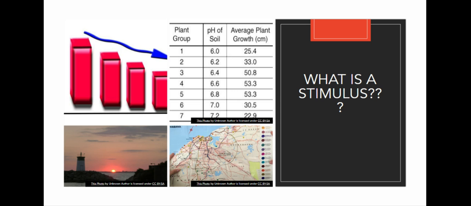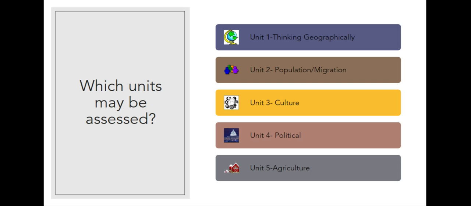So when we say two stimuli, that means that maybe it'll be two maps, maybe it'll be a picture and a chart, or any other sort of combination. And then that second question just has one stimulus. That's it. All right, so that's really nothing different. And you'll see some other examples of stimulus material and FRQs that will push out to you in coming weeks so that you can practice further with them.